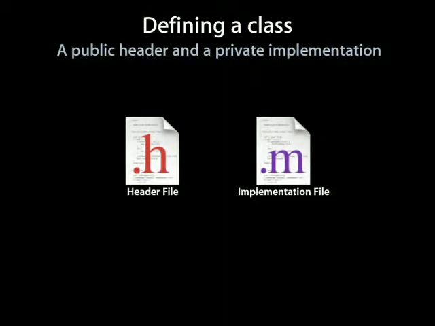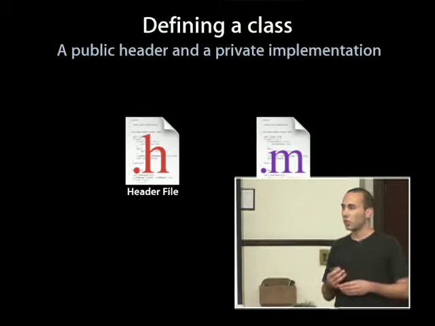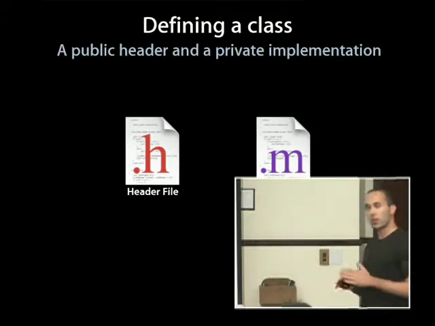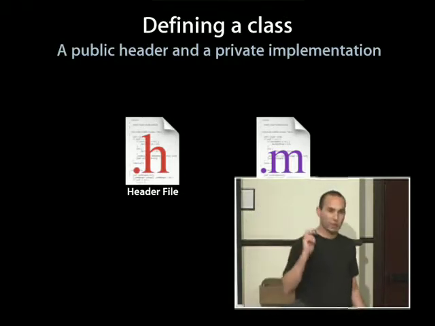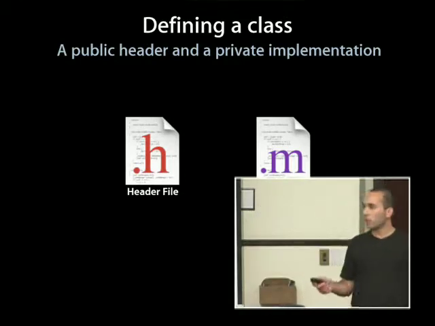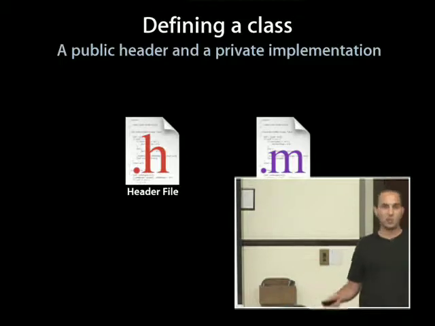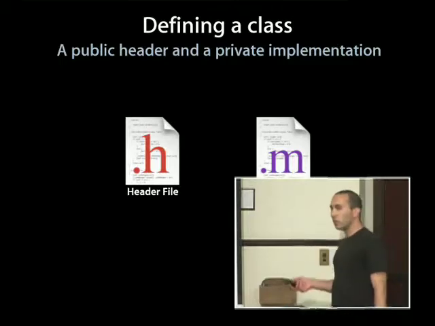So when you create a class, two files get created. If you go into Xcode and say new file, it'll ask you what kind of object you want to create. Let's say you just create a base object. It's going to create a .h file and a .m file. The .h file, which you're probably familiar with already from C, C++, and Java, is your header file.